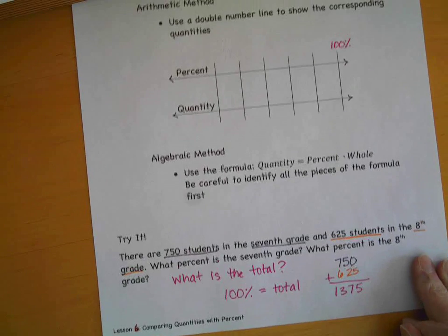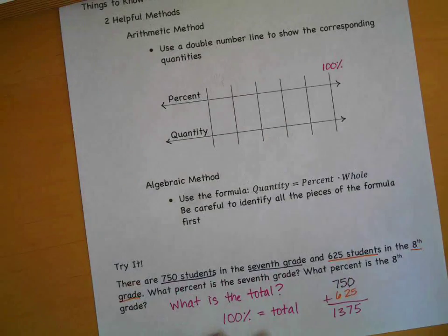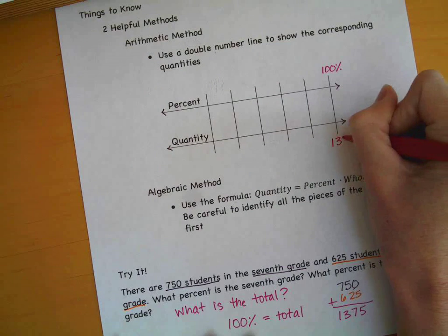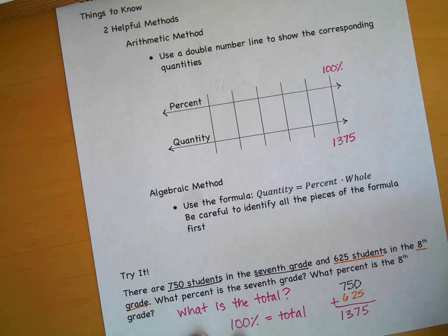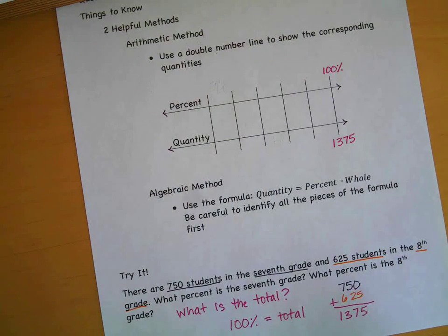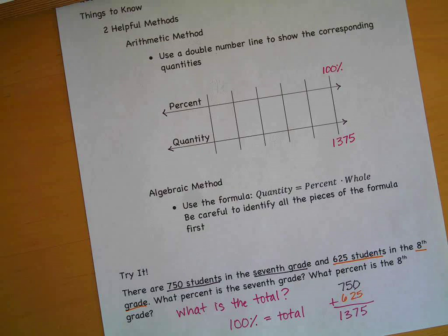So now I know that the total number of students in this situation is 1,375. So under quantity, I'm going to write 1,375. And now my job is to figure out the percent for 8th grade and the percent for 7th grade.